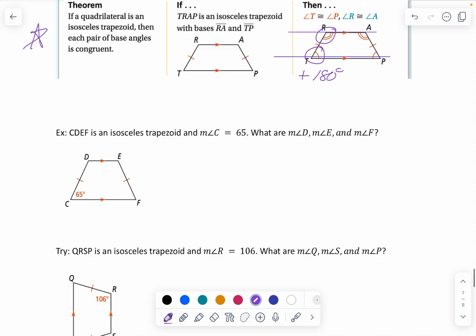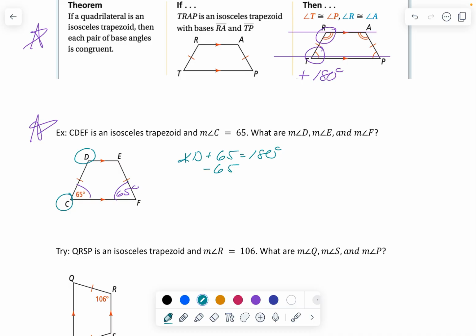So when we look at an example problem like this, when we have congruent sides, we also have congruent angles on the bottom. So angle F is 65, just like angle C. And then remember, angle D plus angle C has to equal 180. So angle D plus 65 is equal to 180.